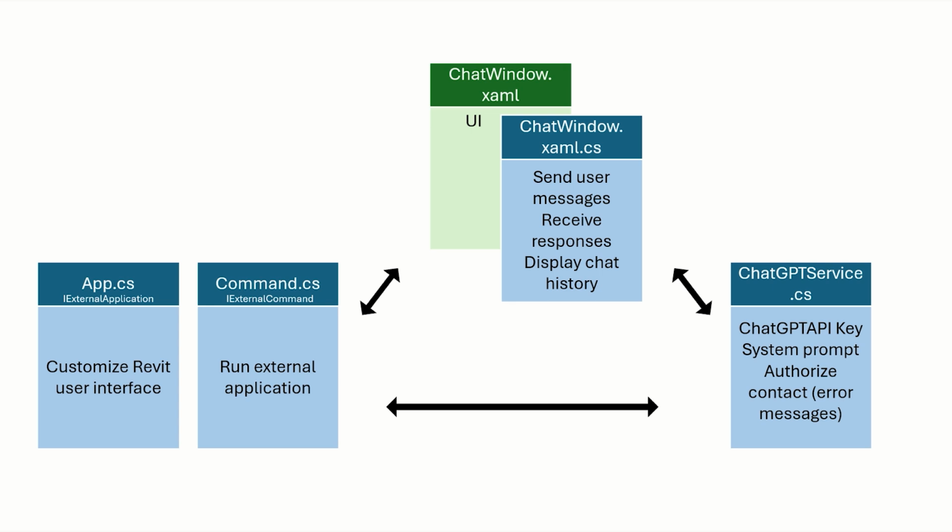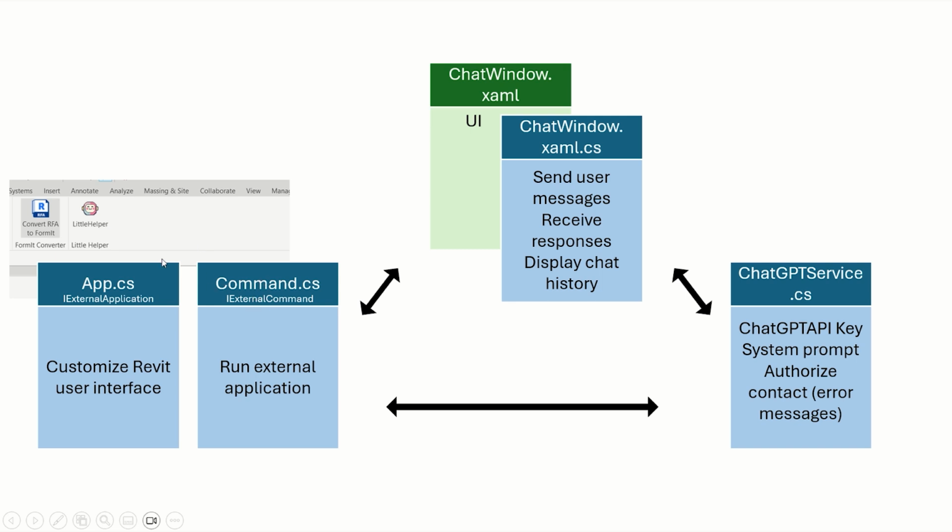Okay, so what we have here is, they kind of belong together, like I call it app CS and command CS. Basically, there are 2 classes that establish your plugin in Revit. So the app CS is what creates this little panel here with my logo and then the name here, and then it has a button and so on.